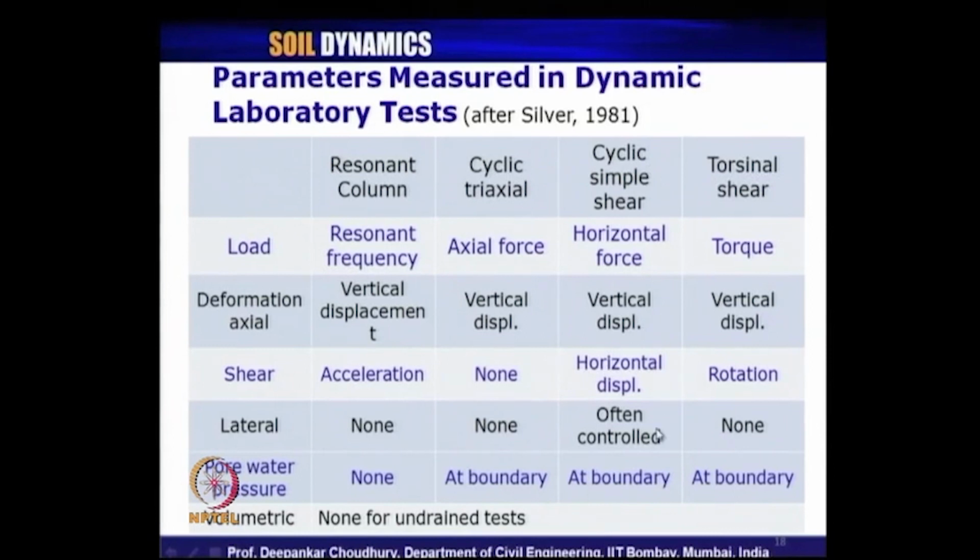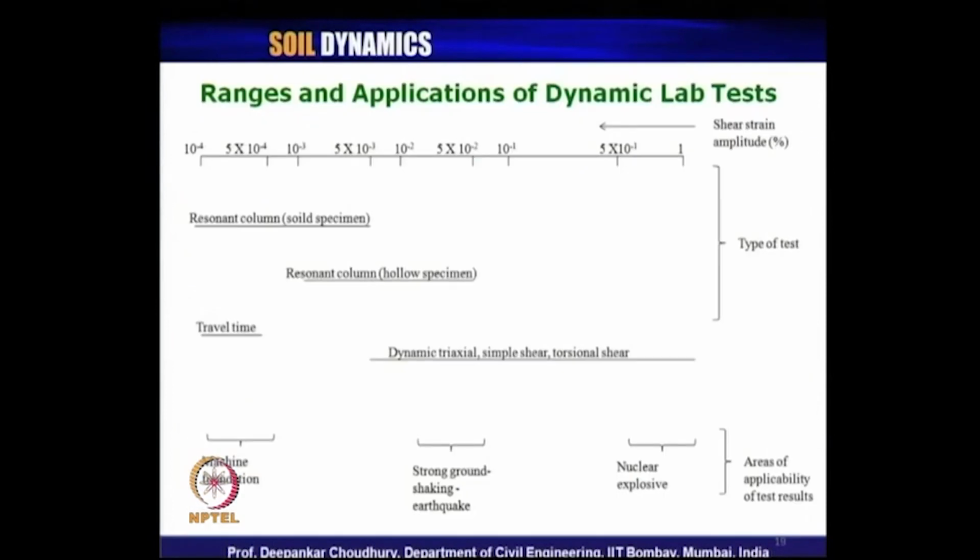In cyclic simple shear test also we can measure the pore water pressure at the boundary, and for cyclic torsional shear test also we can measure it at the boundary. And about volumetric strain, none are measured in all these tests for the undrained test, because when we are doing the undrained test, we are not concerned about this aspect.